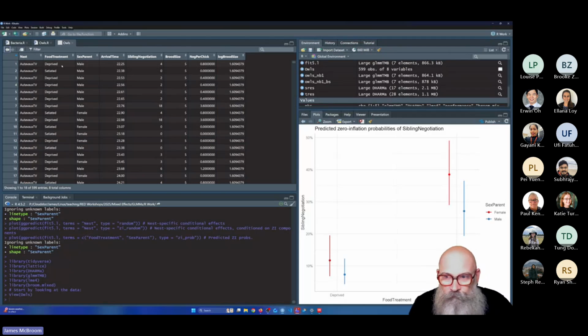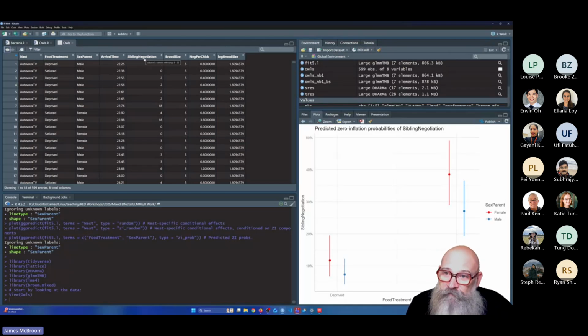We've got a food treatment regime, whether that particular nest at that particular moment was in a food deprived state or a food satiated state. Had they had enough to eat or were they starving essentially? The sex of the feeding parent, male or female. Arrival time, we're not going to use that. It's not important, but that's how long it took for them to arrive with food.